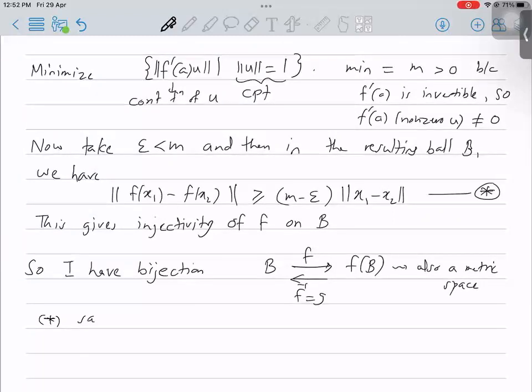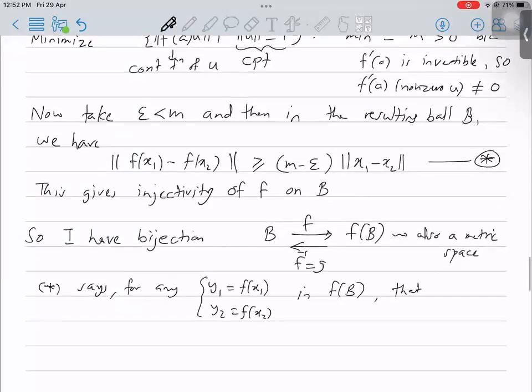Star is saying, for any y1 equals f of x1, y2 equals f of x2 in f of B, let us write this on everything, i.e. g of y1 is equal to x1 and g of y2 is equal to x2.